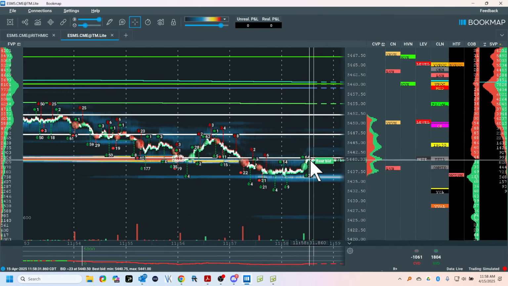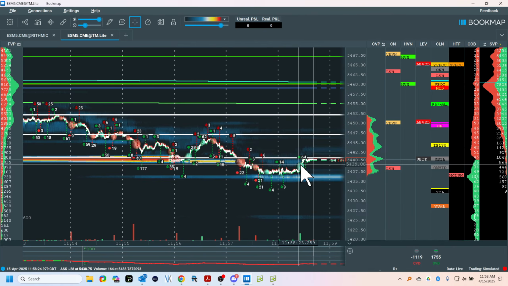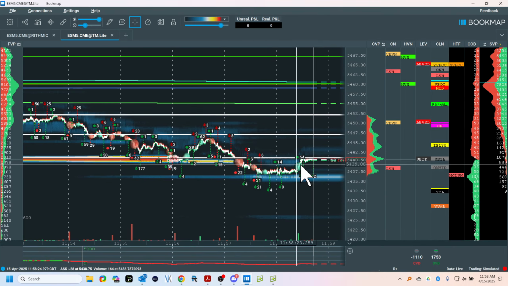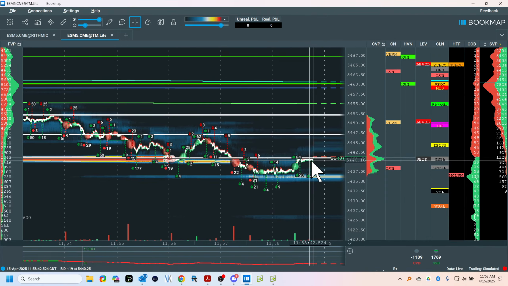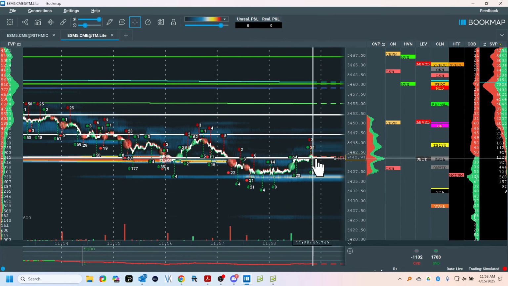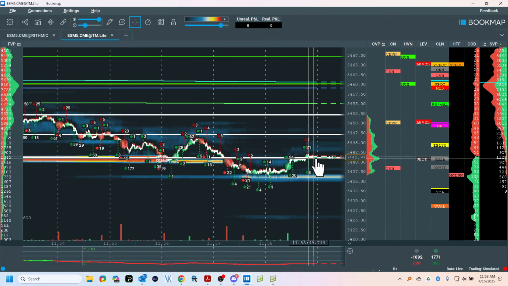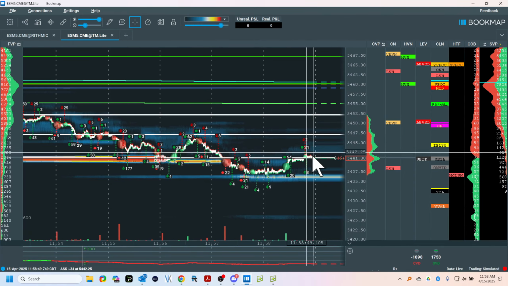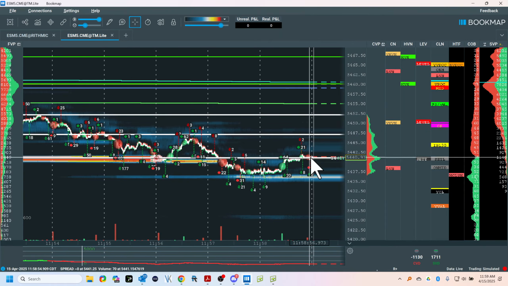Let's see what happens right here. If the buyers can take the ball here, then we can proceed. But we need to get above this. Right here, you see the battle.